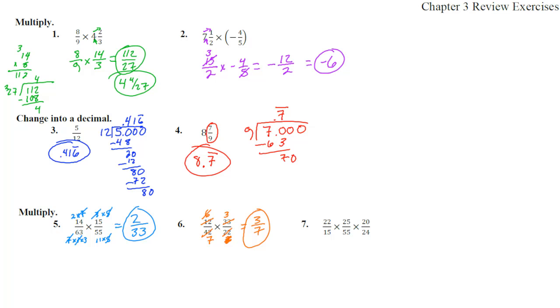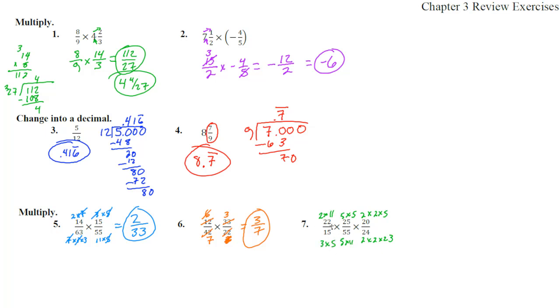All right, let's do the next one. Number 7. All right, yeah, let's write these ones out. 2 times 11, that's 5 times 5. That's 2 times 10, which is 2 times 5. This is 2 times 12, which is 2 times 6, which is 2 times 3. That's 5 times 11, and that's 3 times 5.